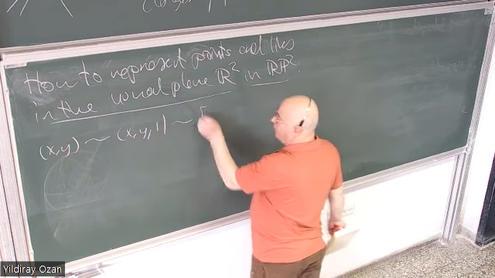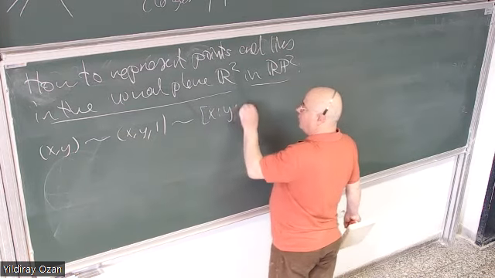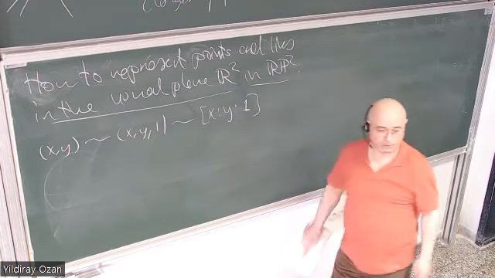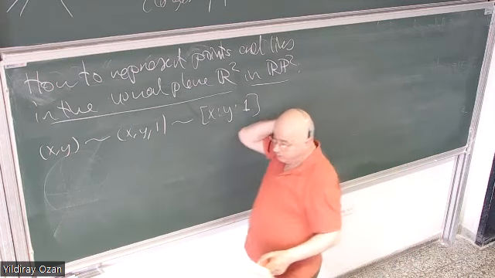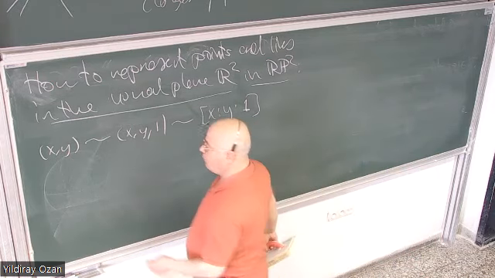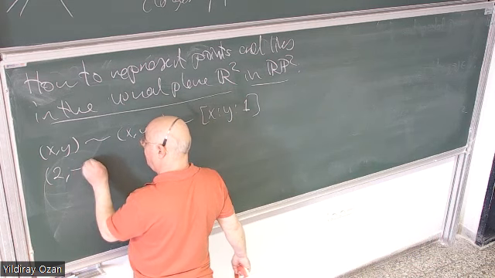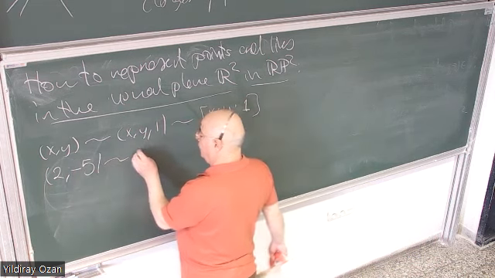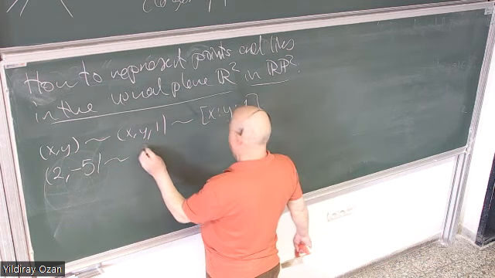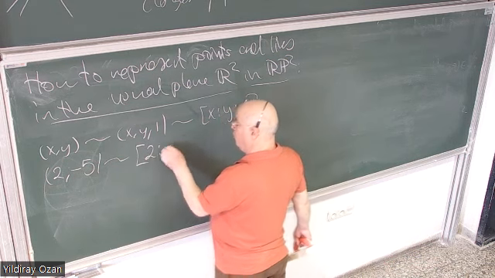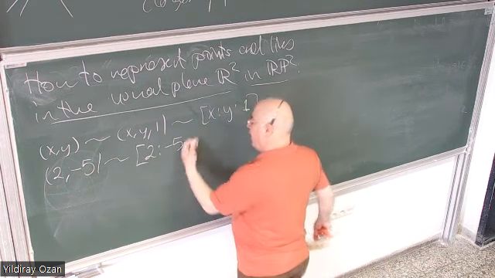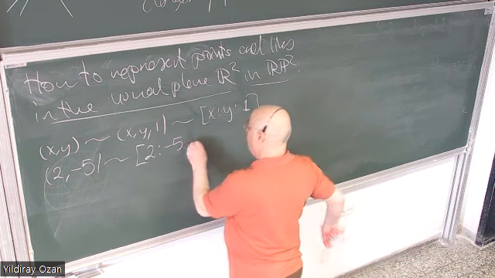And the projective coordinate for that is this one. For example, the point 2 comma minus 5 in the usual plane corresponds to 2, minus 5, and 1.